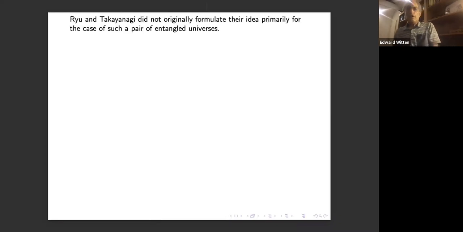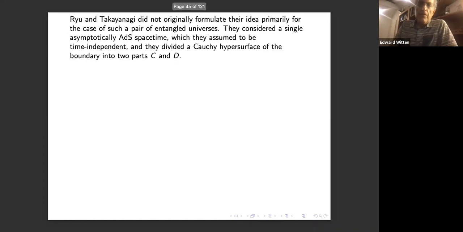Now, Ryu and Takayanagi did not originally formulate their idea primarily for the case of a pair of entangled universes. They considered a single asymptotically AdS spacetime. AdS means anti-de Sitter space, which means negative cosmological constant. For mathematicians, it means hyperbolic space, negative curvature. And so it's a complete Riemannian manifold with a conformal boundary that's infinitely far away.